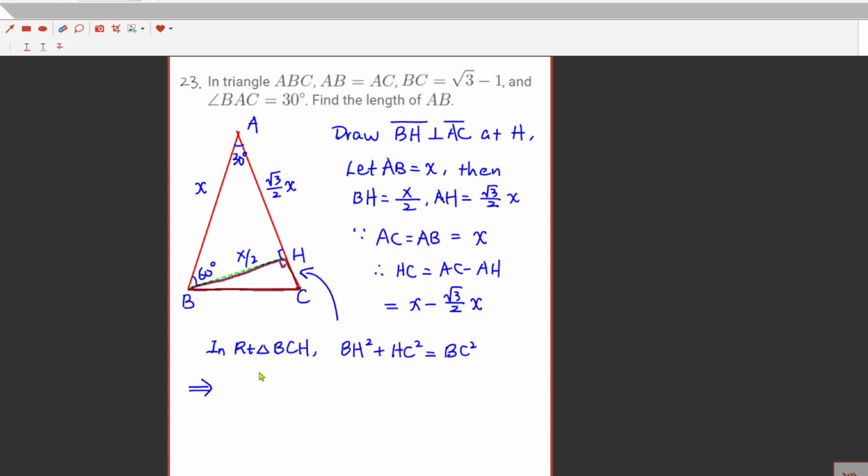So this gives us BH is x over 2. So BH squared is x over 2 squared. Plus HC. HC is x minus square root 3 over 2 x and then squared. Equals BC. BC is given to us. Square root 3 minus 1 squared, right? So basically you need to solve an equation like this.